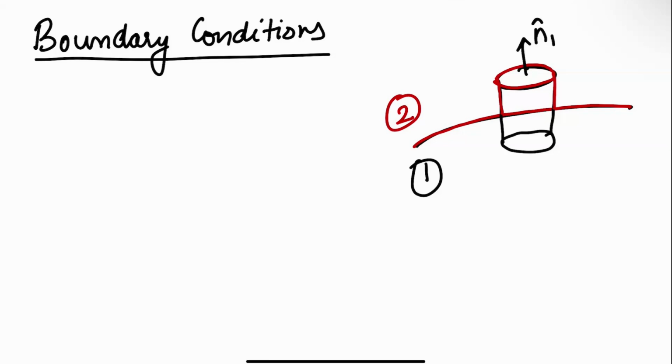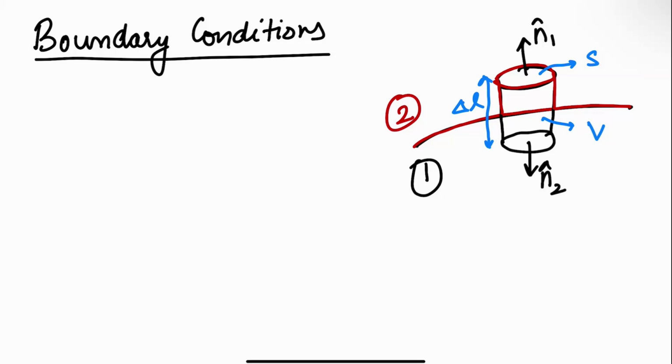The top disc of the cylinder has a normal n1 hat, and the bottom one has a normal n2 hat. I'll say that the area of this top surface is S. The total volume of the cylinder is V, and the length of the cylinder is delta L. Okay, so that's the construction.